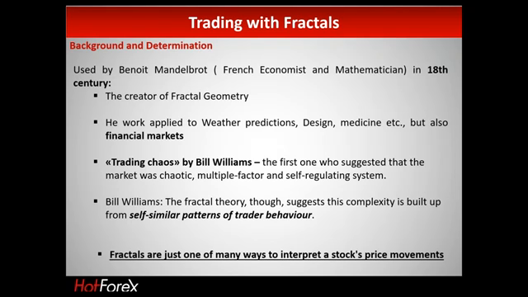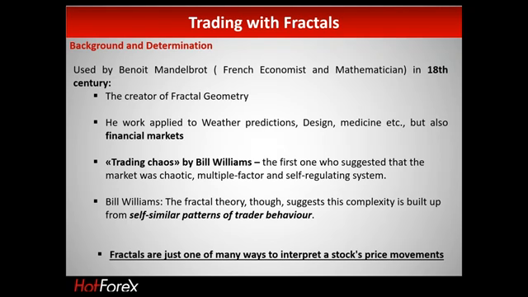However, Benoit didn't go far with the financial analysis. It was Bill Williams who was the first to suggest that markets are chaotic. There are multiple factors and they are self-regulating systems.